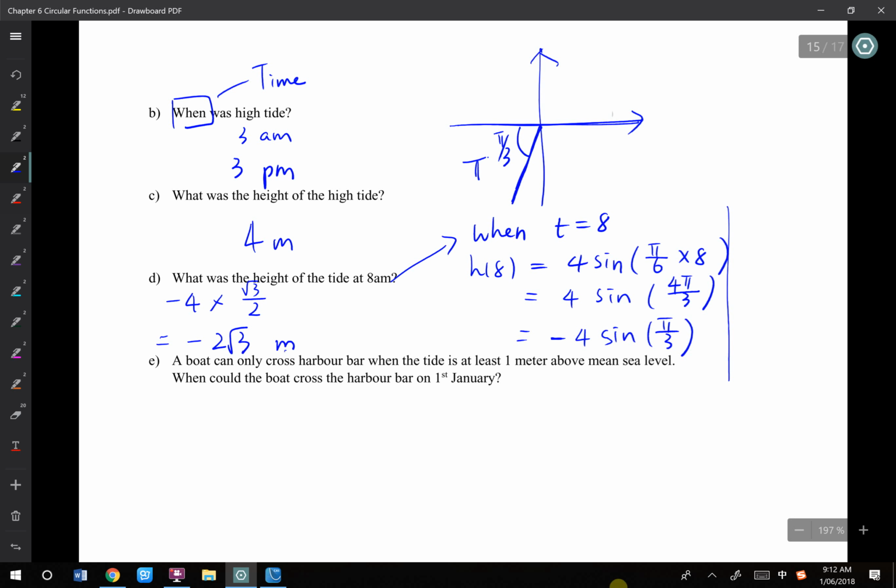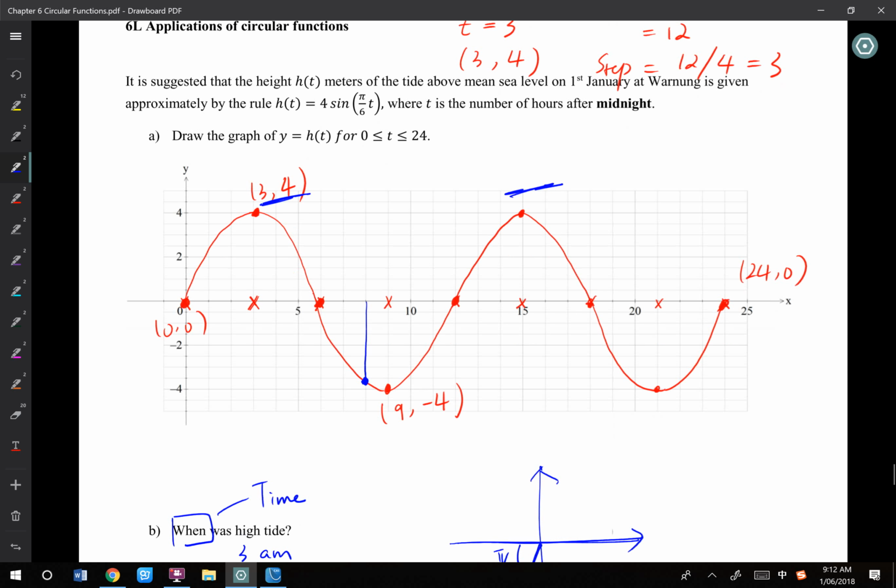Okay, it's again asking about when. When could the boat cross the harbor bar on 1st of January? Okay, you can see if I just sketch 1. Where's 1? 1, 2, 3, 4. That's 1.